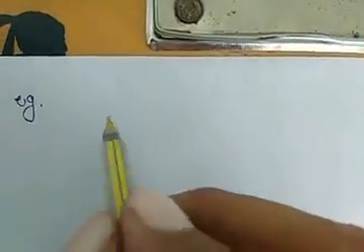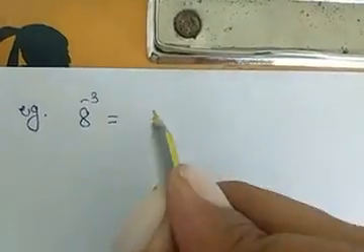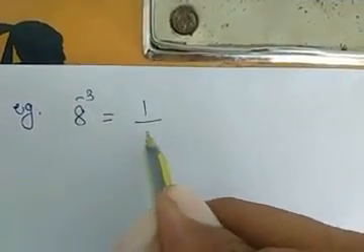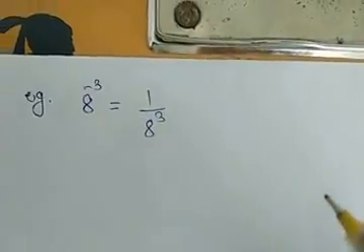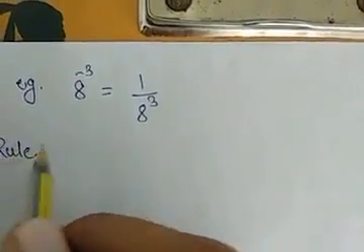If we consider the next example, 8 raised to minus 3, which can be written as 1 upon 8 raised to 3. Okay. So now we go to the next rule.